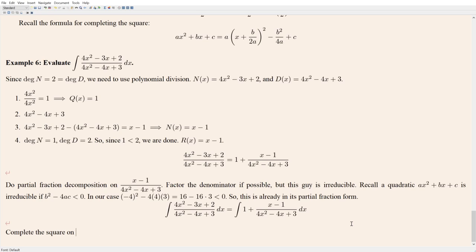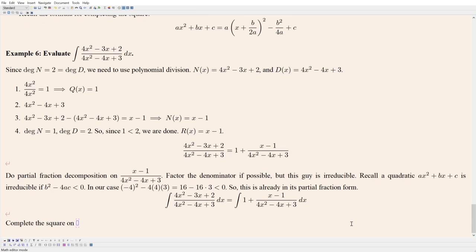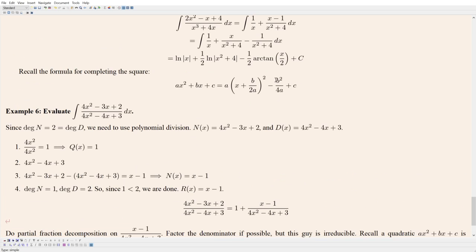on this dude. So let's see. To complete the square, basically you're just plugging in numbers in this formula here.